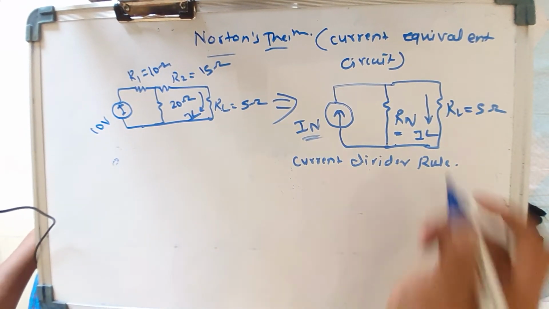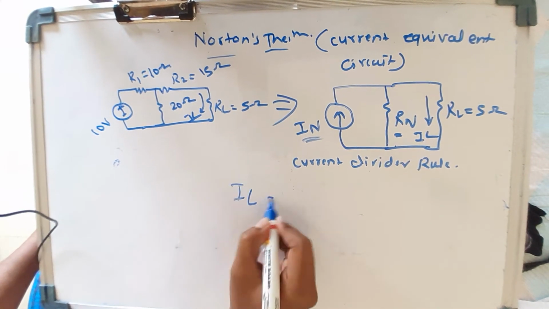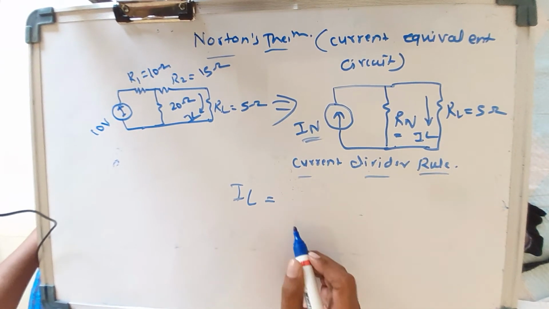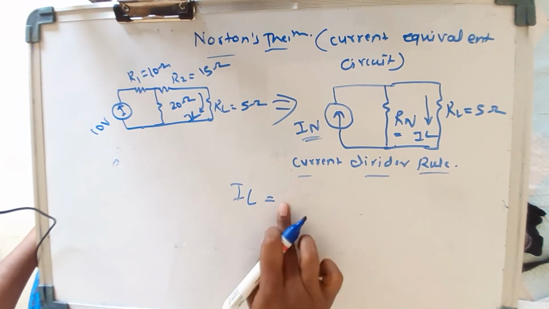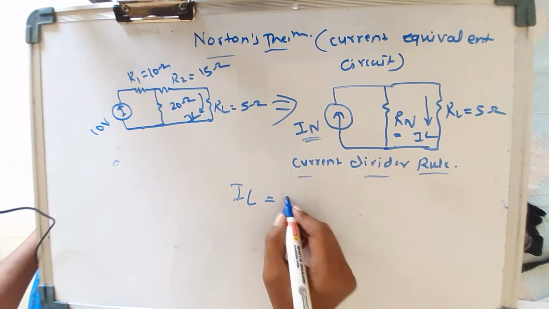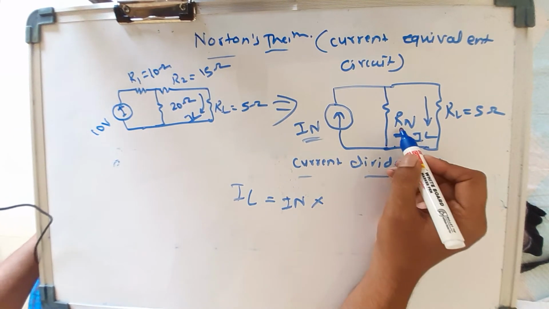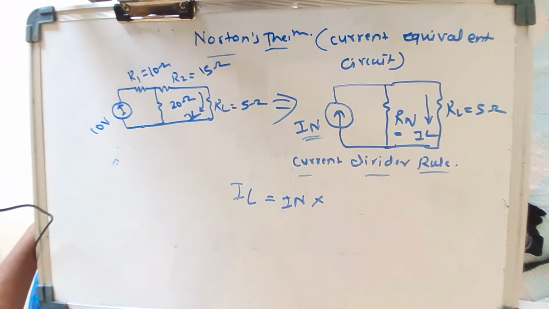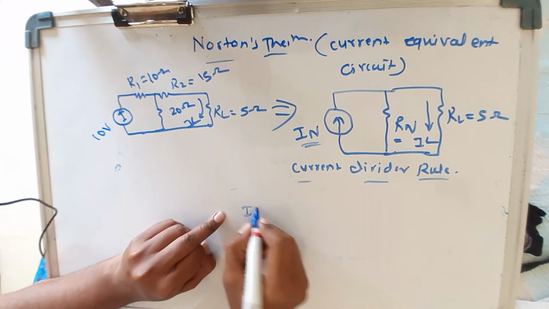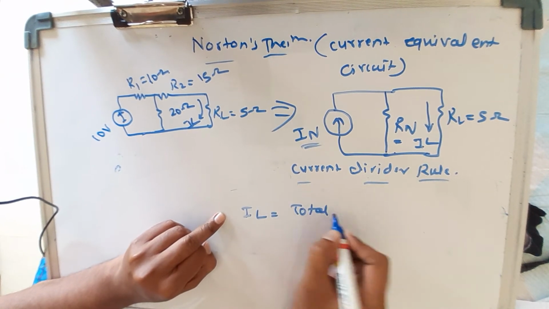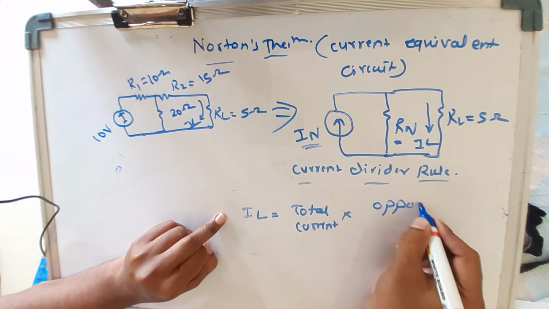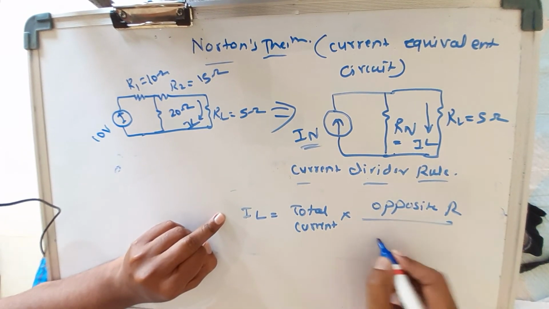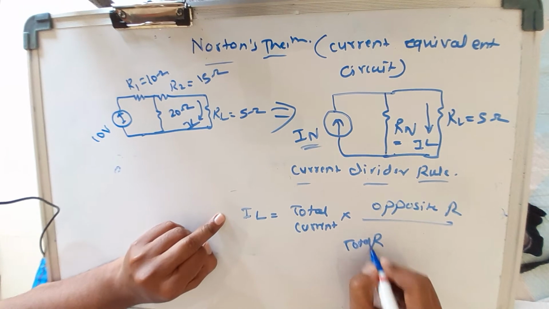Now I want to find out the I_L. Again I have to use the current divider rule. For I_L, the opposite current is I_N. For the current divider rule, I_L equals total current into opposite resistance divided by total resistance.